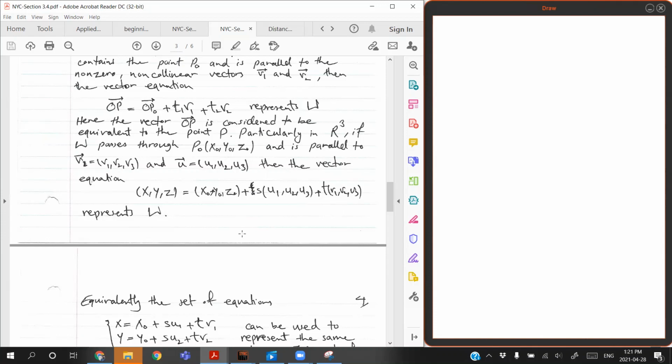And notice that s and t are parameters, that is, they are arbitrary real numbers. If you take s to be 0 and t to be 0, then you get the point P0. If you take, for example, s to be 1 and t to be 1, you will get another point from the plane.